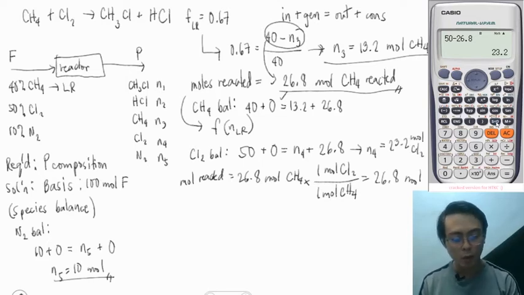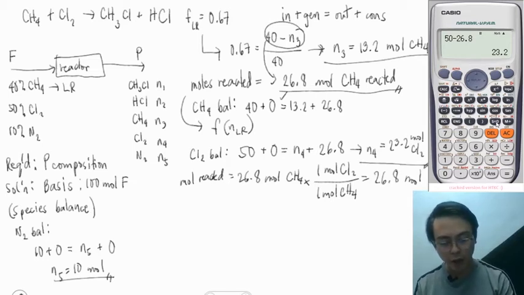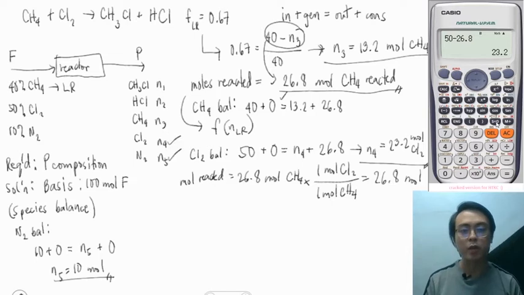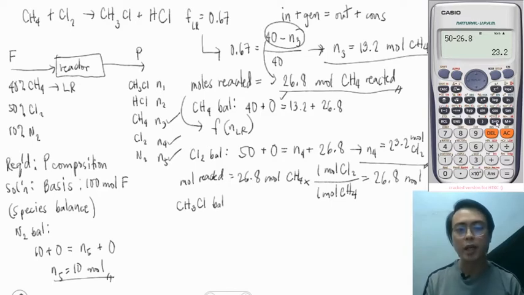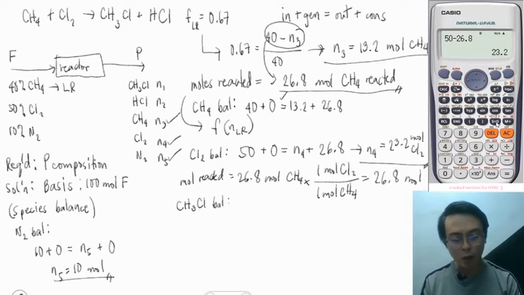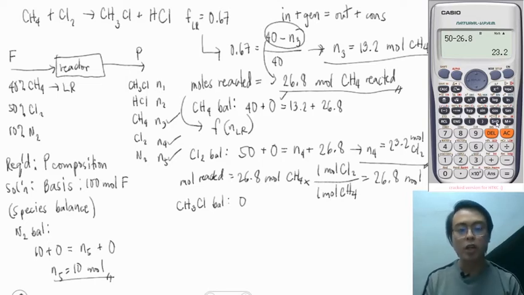Okay, so we're already done with N5. We already solved N4 and N3. So what's remaining is just N1 and N2. And to get N1 and N2, you simply perform the same balance. So let's have the CH3Cl balance. Okay, for CH3Cl, input is 0. There is no CH3Cl in the feed. Plus generation. How much CH3Cl was generated?